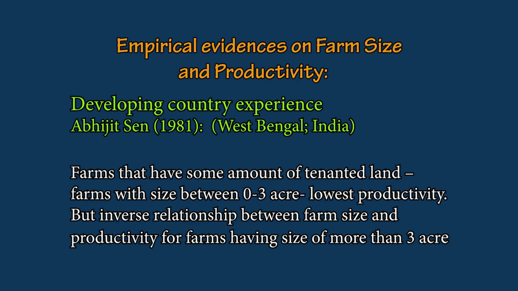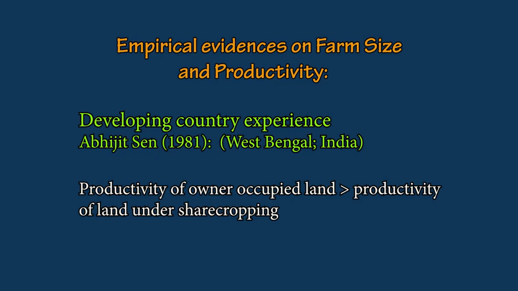So, the smallest farms have the lowest level of productivity. However, an inverse relationship was observed between farm size and productivity for farms of more than 3 acres. So, for the farms whose land size exceeds 3 acres, there is an inverse relationship between farm size and productivity. It was also observed that the productivity of owner occupied land is greater than the productivity of land under sharecropping.